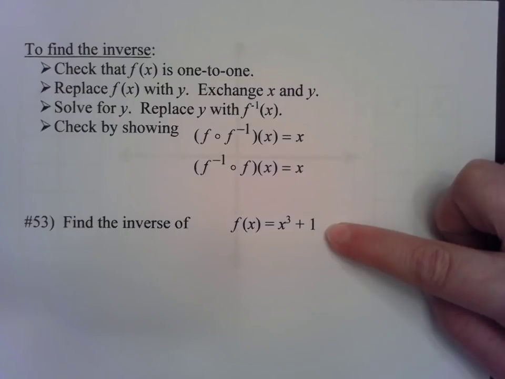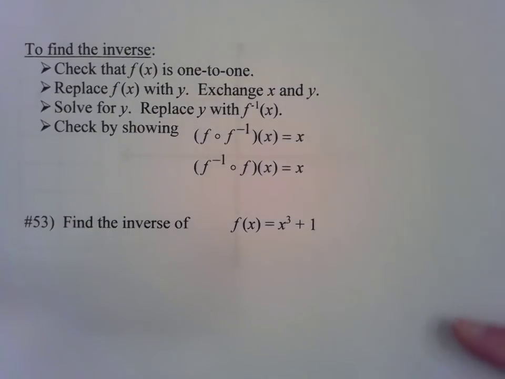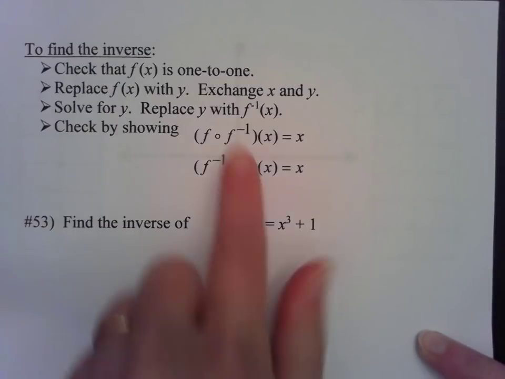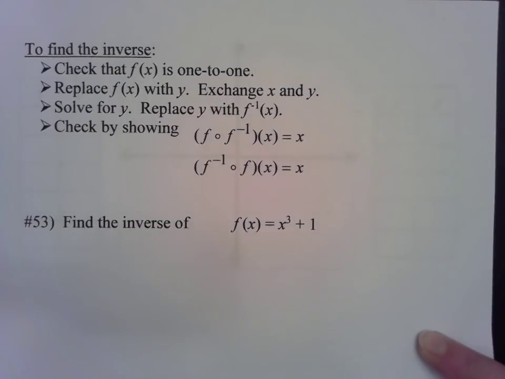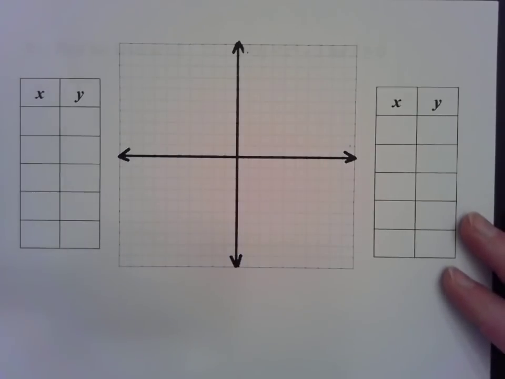It's on the outside of the cubing, so it's going to shift it up by 1. Okay, I guess we'll do the graph so that we can prove that it's 1-to-1, and then we'll come back and look at the inverse. How about that? Okay. So here's the graph grid.